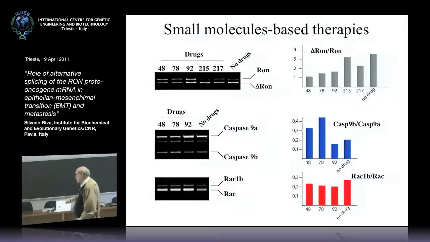They are being tested, several indole derivatives, and some of them are promising in the sense that they change the pattern. You see, this is the normal delta RON. Some of these derivatives, for example the first three, do change the pattern, while they are not active on these other genes. So they are being tested.